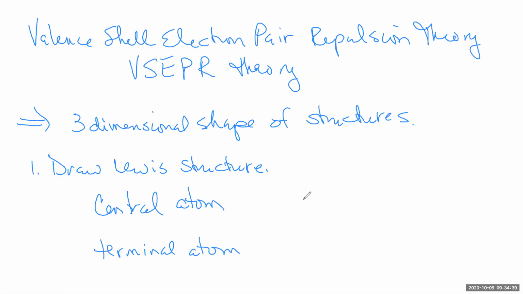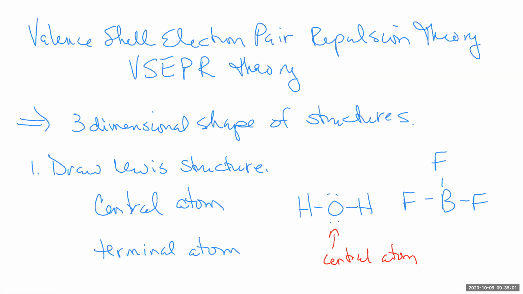So if we talk about water, I'm not implying a shape in any way. I'm just drawing its Lewis structure. In this Lewis structure, this would be our central atom. If we looked at another molecule, something like boron trifluoride, boron would be my central atom. So which ones would be the terminal ones?